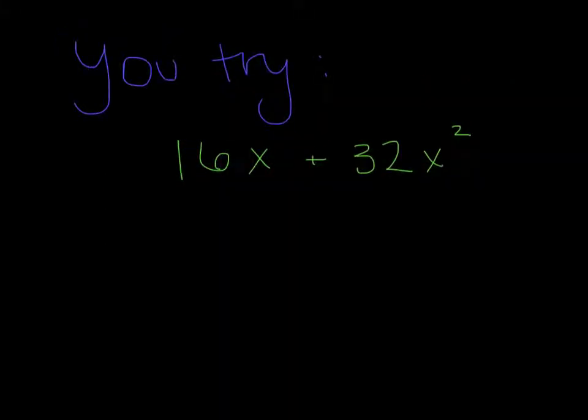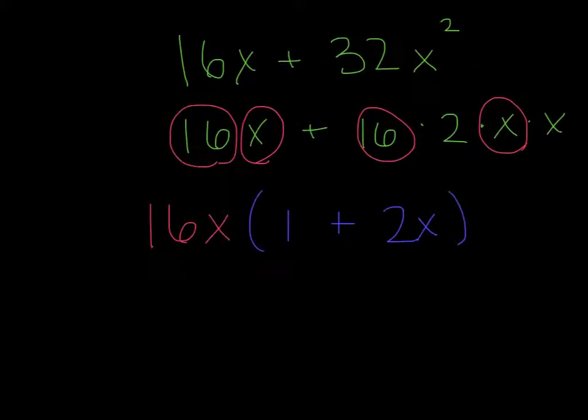All right, now it's your turn. You give this one a try. I want you to pause the video, and on the side of your paper, I want you to factor 16x plus 32x squared. All right, if you said the greatest common factor was 16x, you are right.